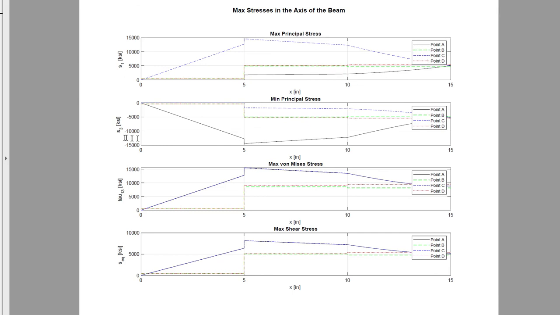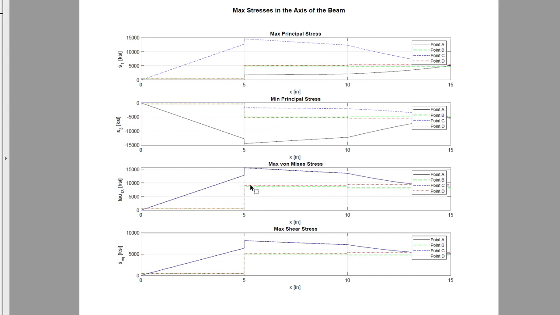According to my S3, now it swaps because I'm using the negative value, but this is the mirror of this plot, so this is good enough. Point A is still critical. If I look at my von Mises stress, it is also critical at points A and C, and they are identical.